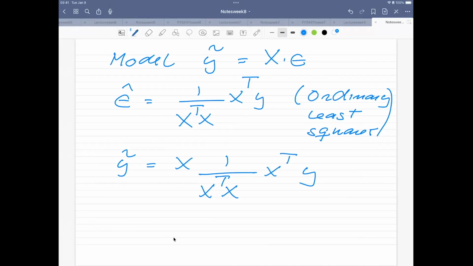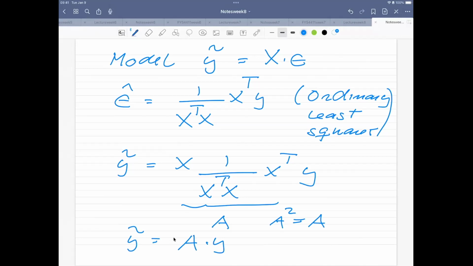There's one important thing here. If we call this matrix A, then this matrix has a property which is actually interesting. It means that our Y tilde is given by A times Y. Does anyone remember what we would typically call this type of matrices, or operator, if we want to use that word?